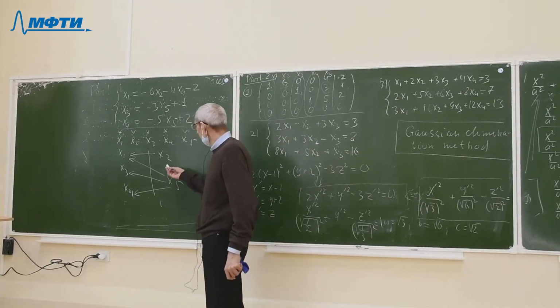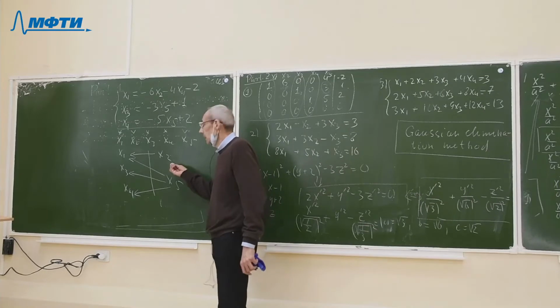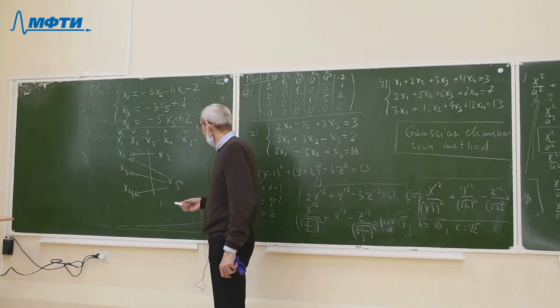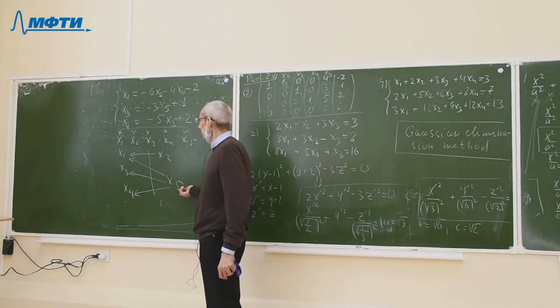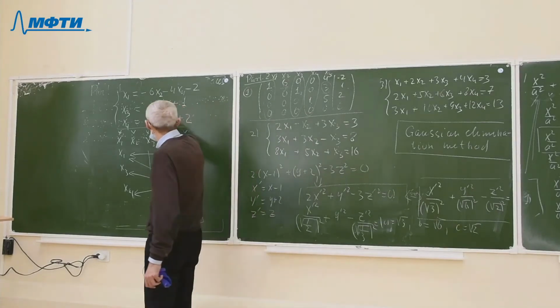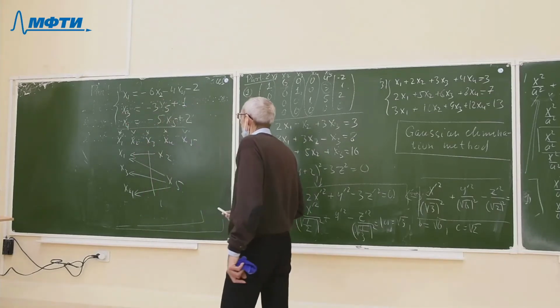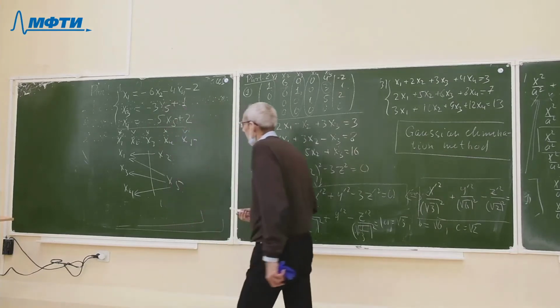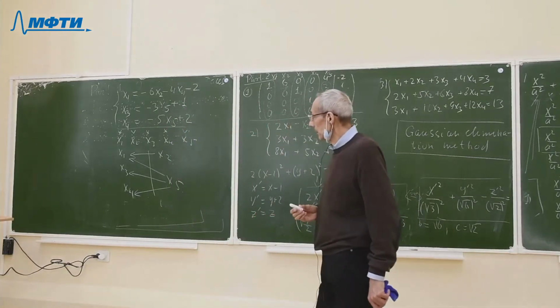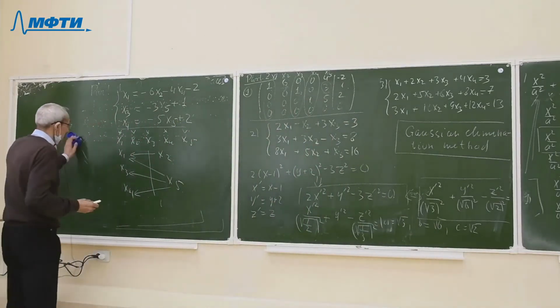We can put the independent variables equal to arbitrary values. For example, x2 is equal 0, x5 is equal 0. And from this formula we obtain that in this case x1 is equal minus 2, x3 is equal 1, x4 is equal 2. And we obtain a so-called partial solution.